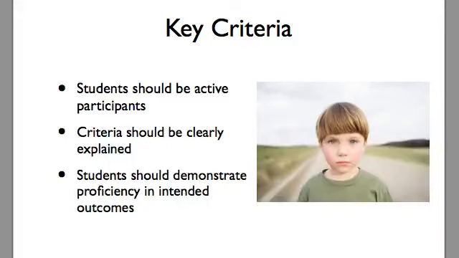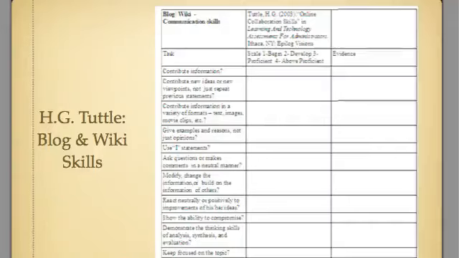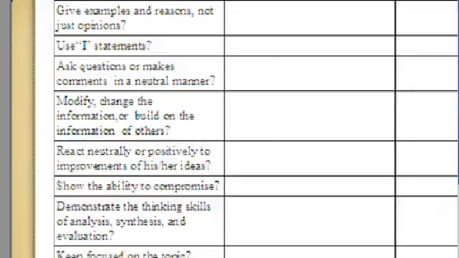There are many sample assessments and rubrics of Web 2.0 learning activities on the web. Here is one from H.G. Tuttle on blog and wiki skills. Notice how the assessment questions are focused on content and skills.